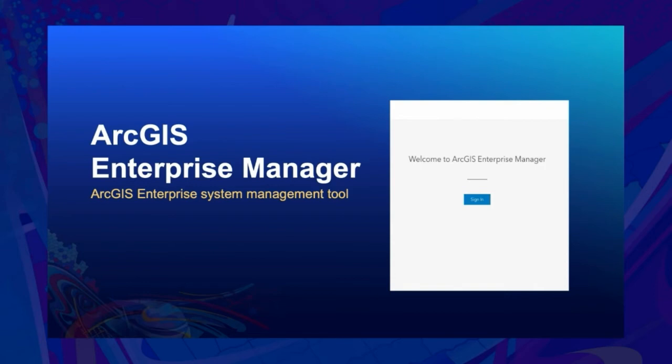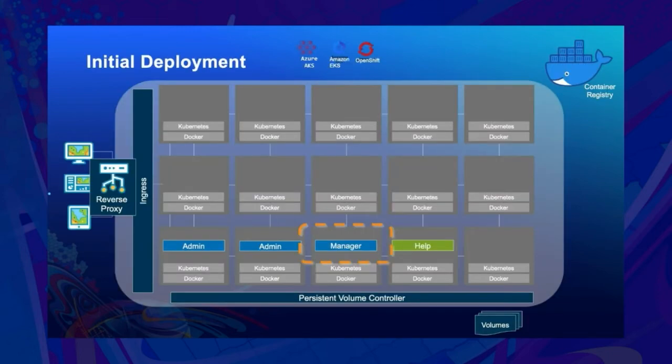For ArcGIS Enterprise on Kubernetes, we introduced this new system management tool to help you perform day-to-day duties of maintaining, troubleshooting, and administering the ArcGIS system. After your initial deployment, the Enterprise Manager pod is deployed to your Kubernetes cluster. You can bring up the setup wizard to configure your organization after the initial deployment.